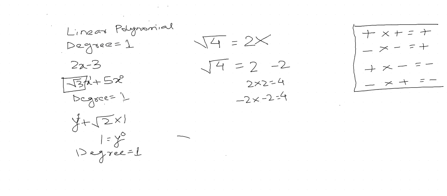Is this clear? So if someone asks you the value of root 4, don't only tell 2. You have to tell +2 and -2, both will be the answer. And the shortcut is written as ±2. Is this clear? So you understood the reason why -2 is also a value?